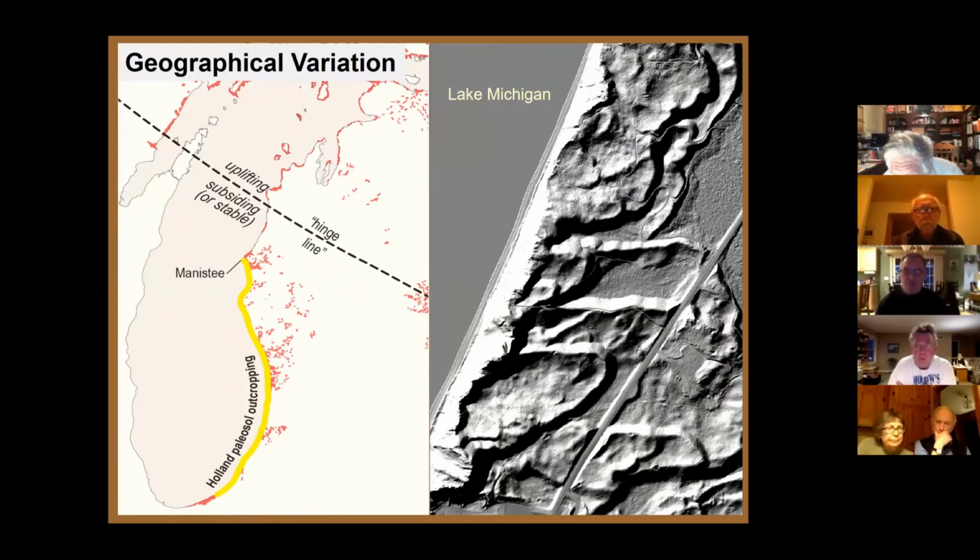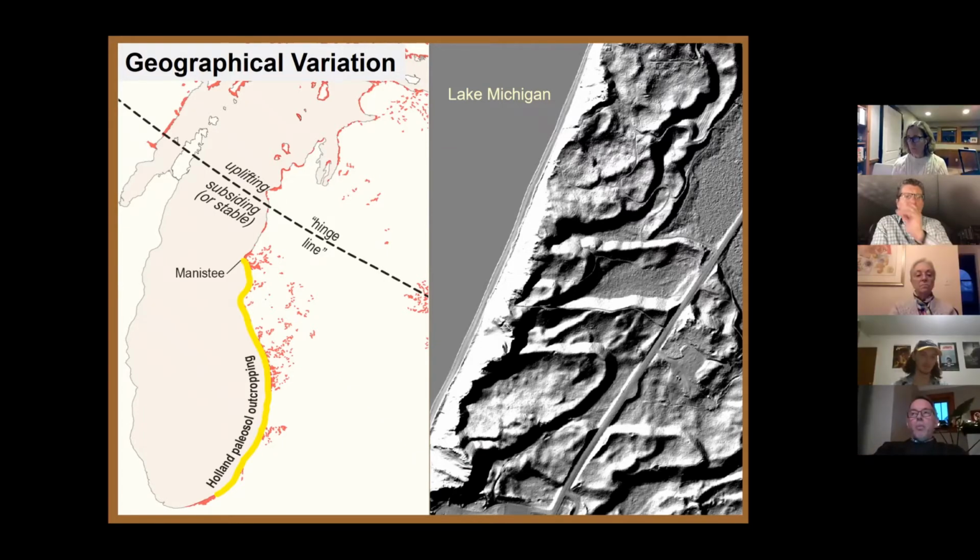There's a geographical variation in how you can think about the dunes between the northern part of Michigan and the southern part. The dashed line that you see here, this so-called hinge line, is the line where north of that, the landscape is still rebounding from the weight of glacial unloading from the last ice age, which in the UP is 10,000 years ago.